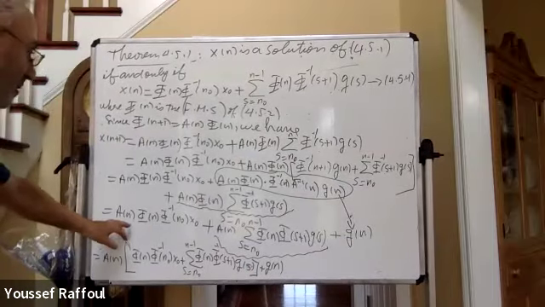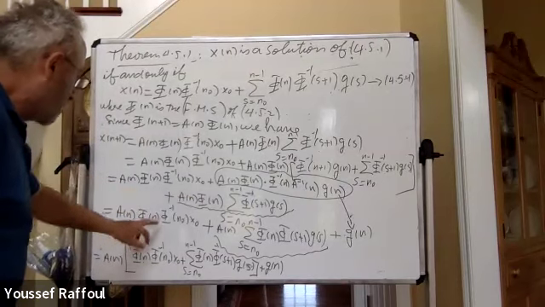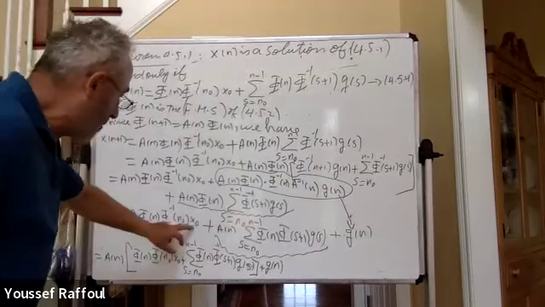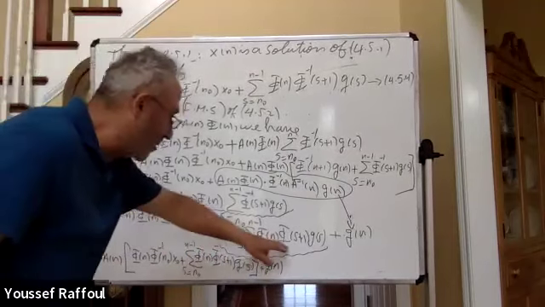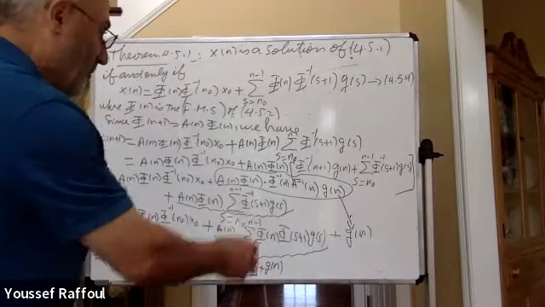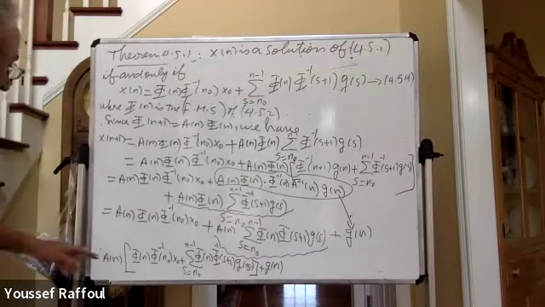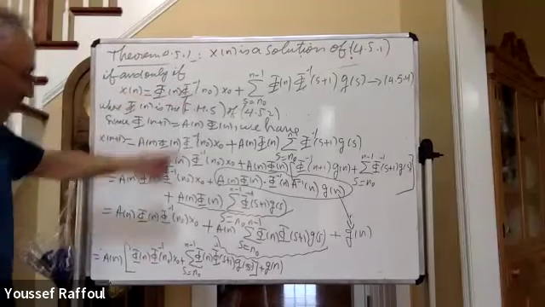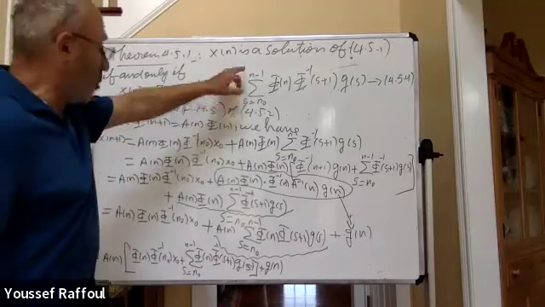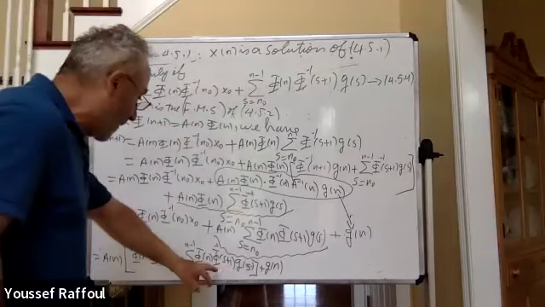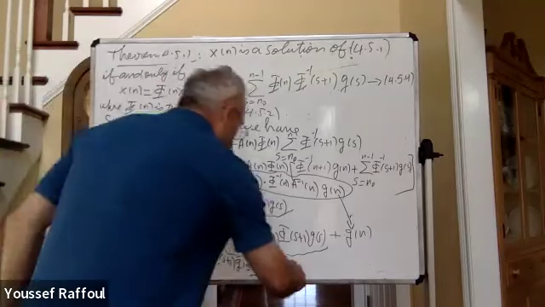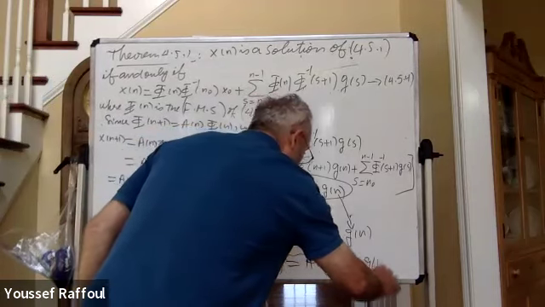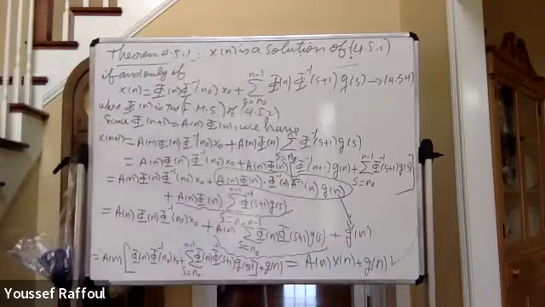I factor an, so I got this term plus this term here, and I close the factor plus gn. By the way, guys, take a look here. What is that term here? Phi n phi inverse n naught x naught plus summation s equal n naught to n minus 1 phi n phi inverse s plus 1 g of s. Hallelujah. So this is an xn plus g of n. There we go. You see how we verified it?